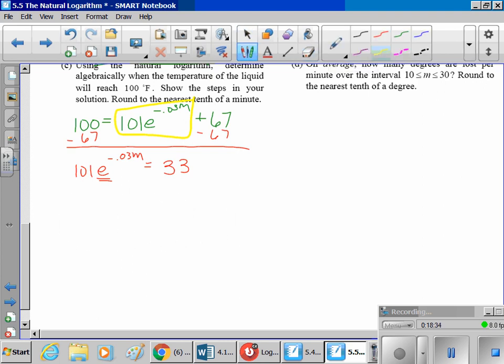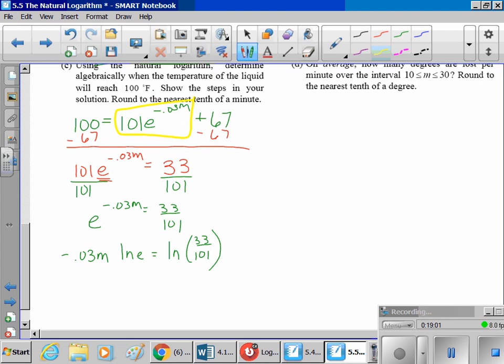I'm not paying attention. I need that e by itself. Divide both sides by 101. So now we have e to the negative 0.03 m is equal to 33 over 101. Okay, now this makes sense. So now you natural log both sides. So negative 0.03 m, kick it out front, ln of e is equal to the ln of 33 over 101.